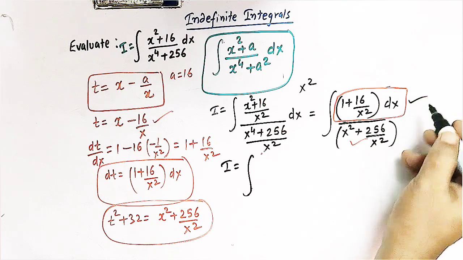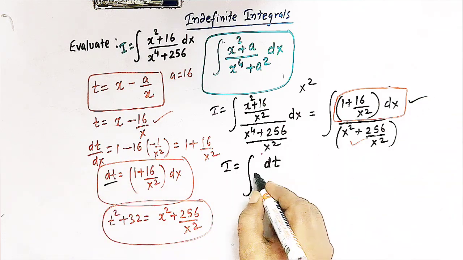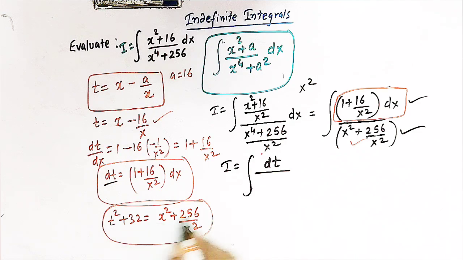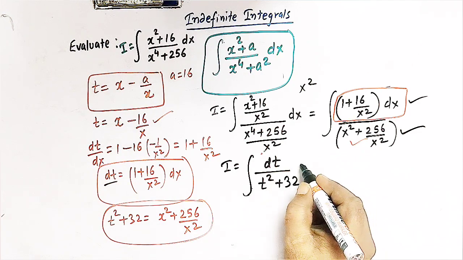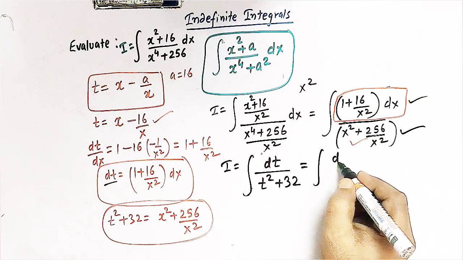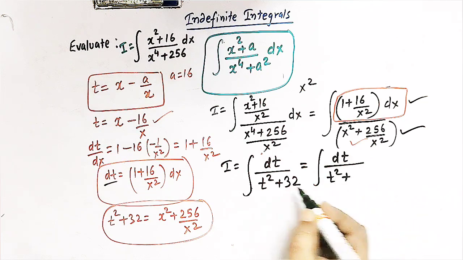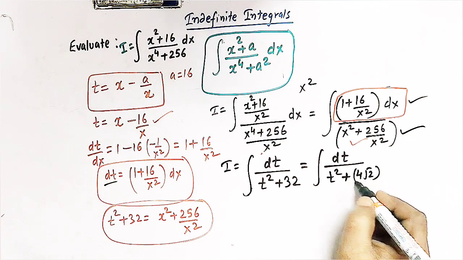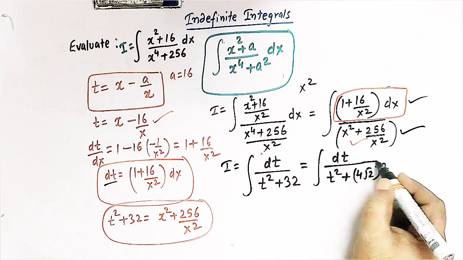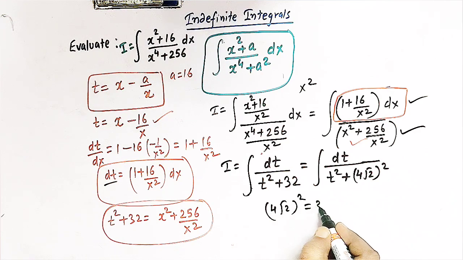So for this expression we have simply dt, and in the denominator we can write simply t square plus 32, and here we can write dt over t square plus 32, and 32 can be written as the square of 4 root 2, because the square of 4 root 2 is equal to 32.